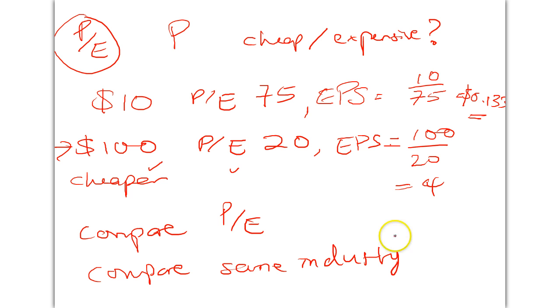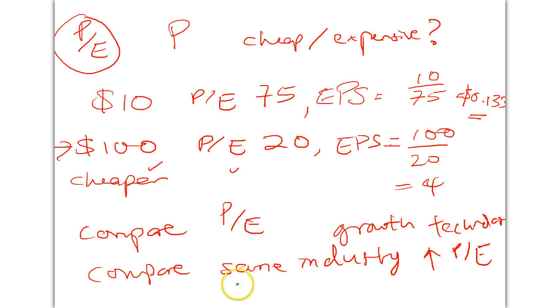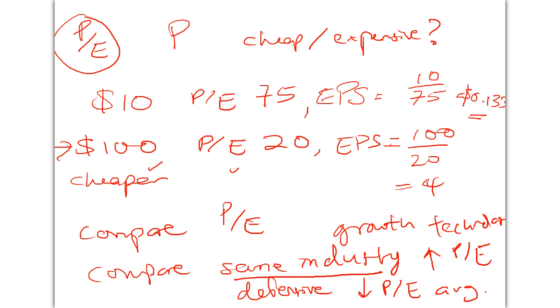For example, growth industries like technology would typically have a higher PE, but more defensive industries like healthcare will have a lower average PE. So it makes sense that we should compare PE ratios of companies in the same industry.